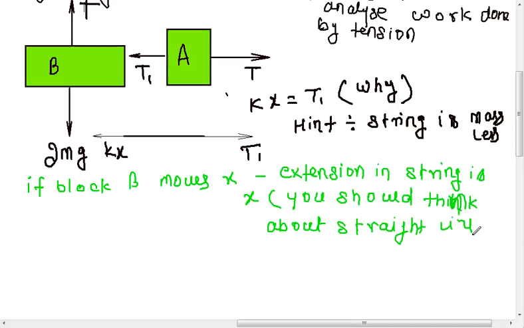Okay, this is a hint for you. You have to analyze distance. You will find that the extension in the spring is going to be x. This is a very important thing.